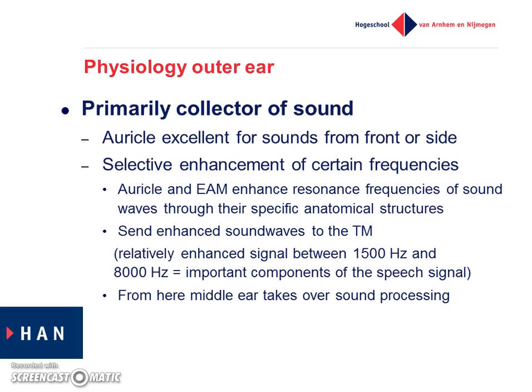And the auricle then sends those specifically strengthened frequencies into the external auditory meatus. And this external auditory meatus, the ear canal, also strengthens some and reduces other frequencies and sends them onto the tympanic membrane.